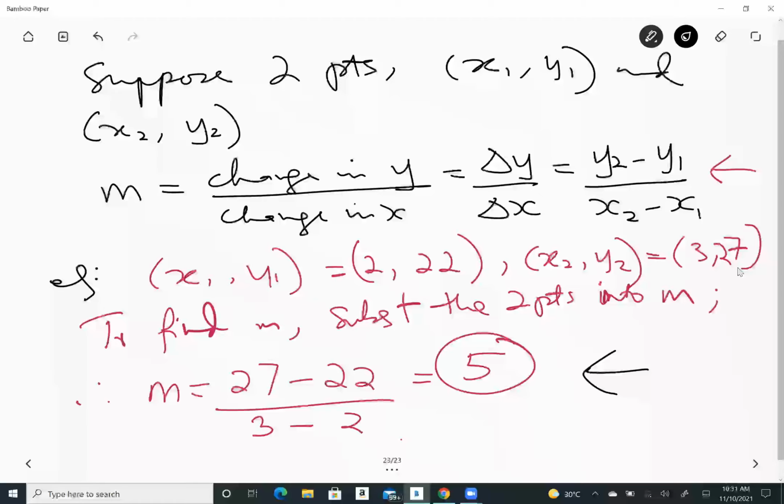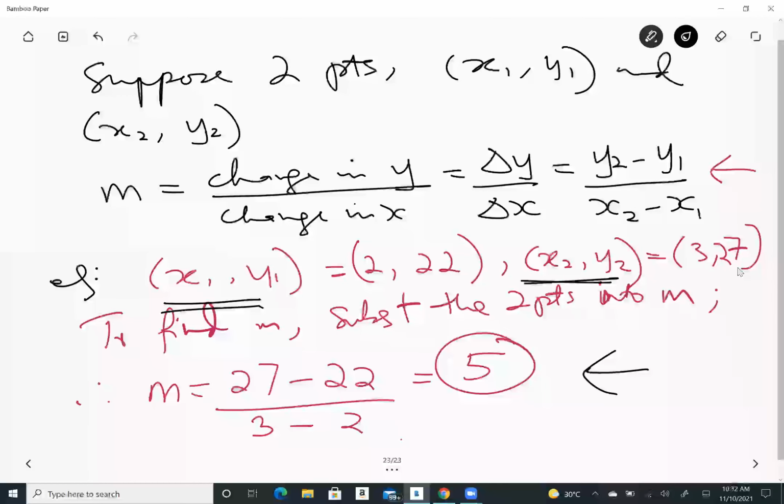The choice of the points is up to you. If you want to say x1, y1 is 3, 27 and x2, y2 is 2, 22, it's your choice.